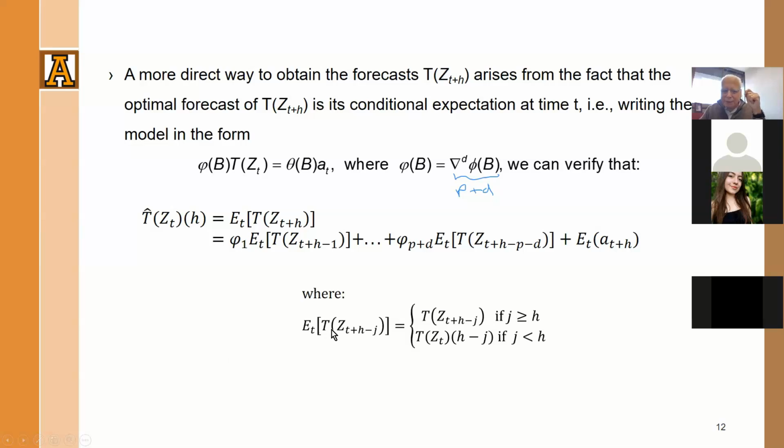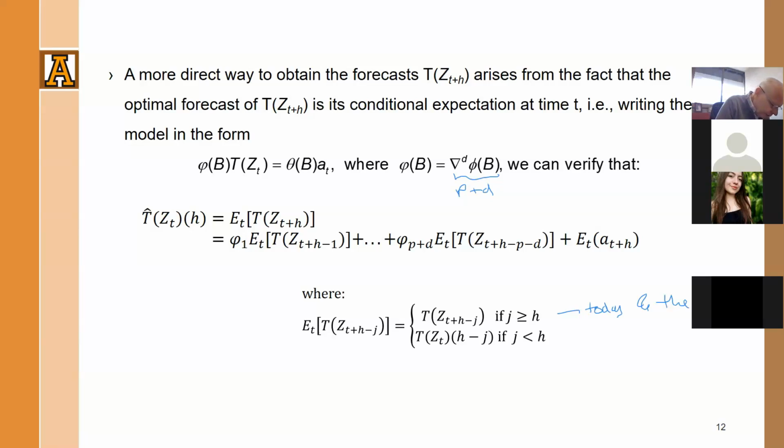And the expected value, conditional on t, of the transformed Z_{t+h-j}: if we're in the past, today and the past, it is what we have already observed as the transformed value of the series.